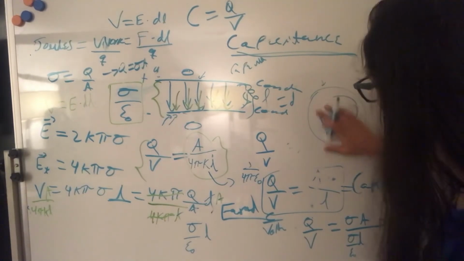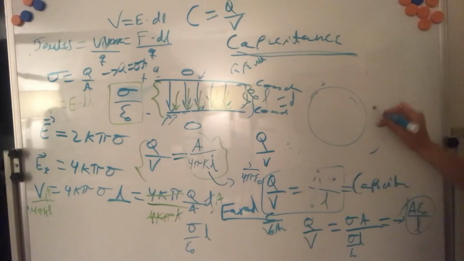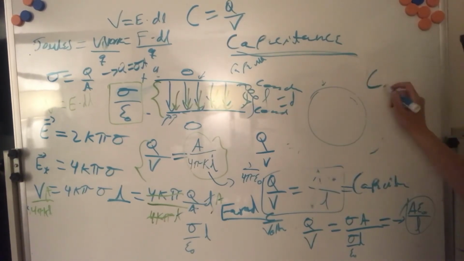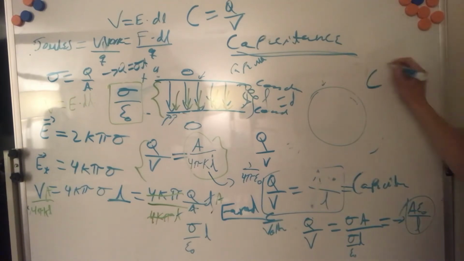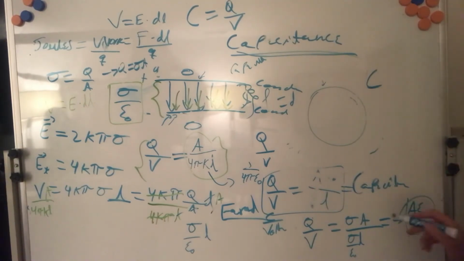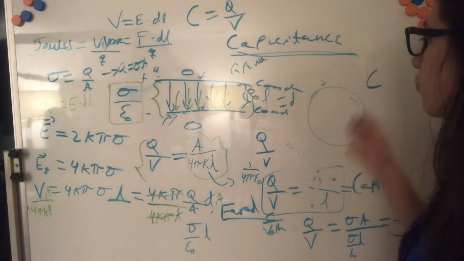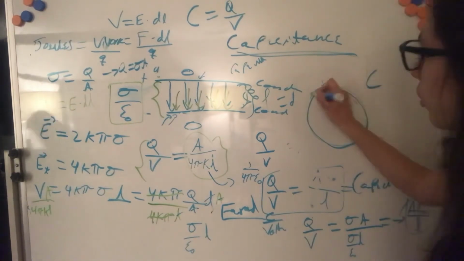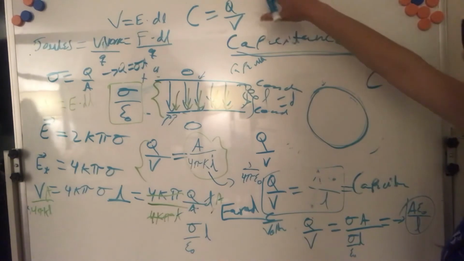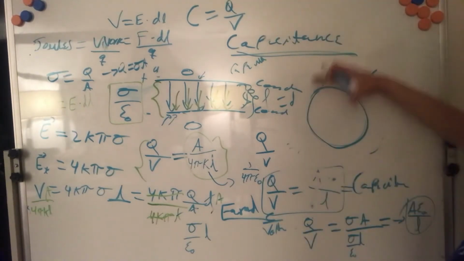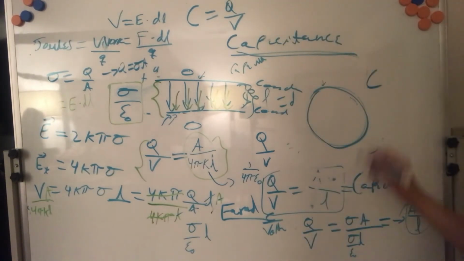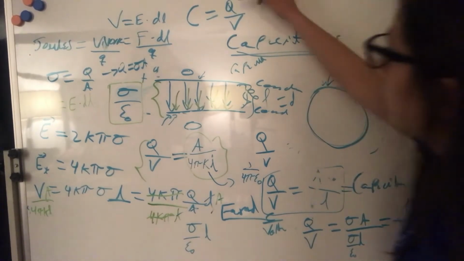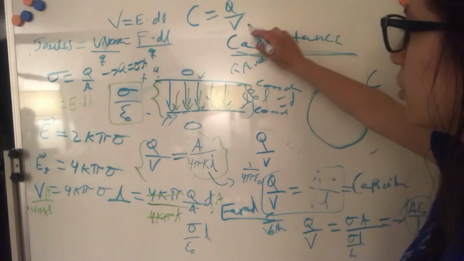If we just have a sphere, we could say that the capacitance of this sphere is C. When we say just the capacitance of a sphere, we imagine that this is one plate and the other plate is again a sphere but has a radius of infinity. So the capacitance of this sphere would be charge per voltage.